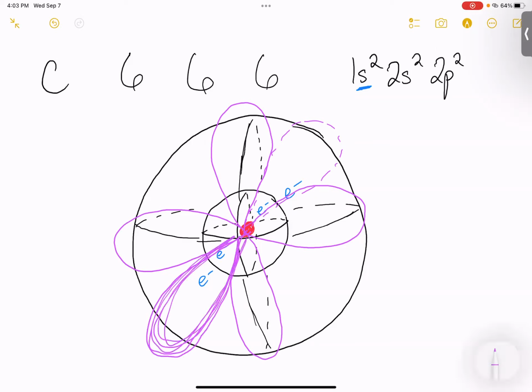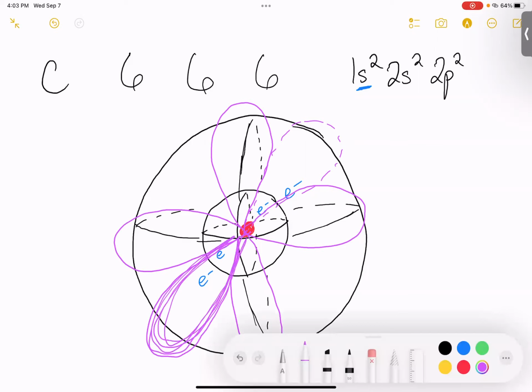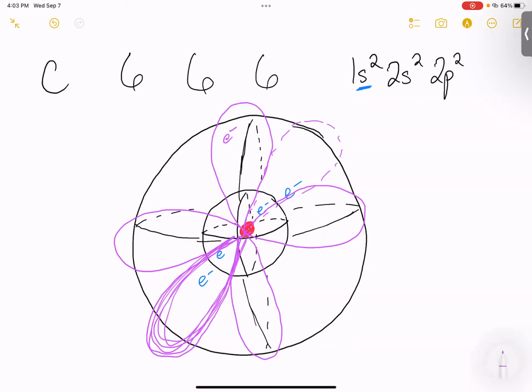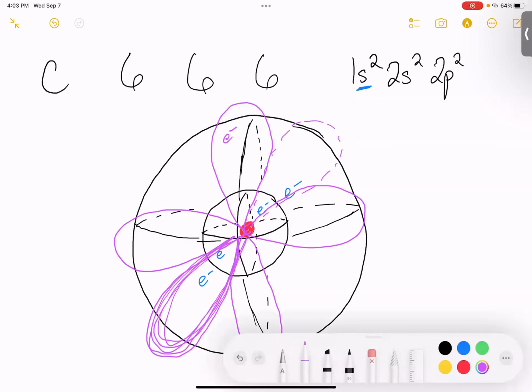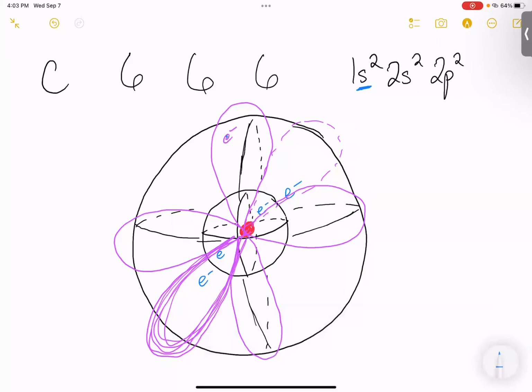And according to what we just determined, we would have 2 electrons, 1 in each of 2 p's. That's how the electrons start to fill in.